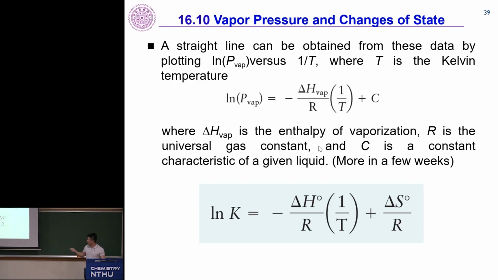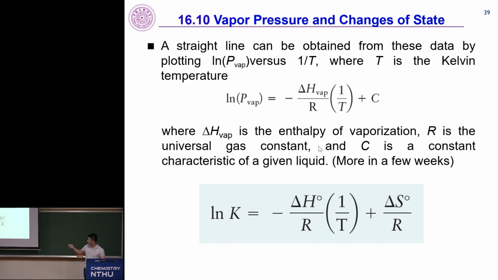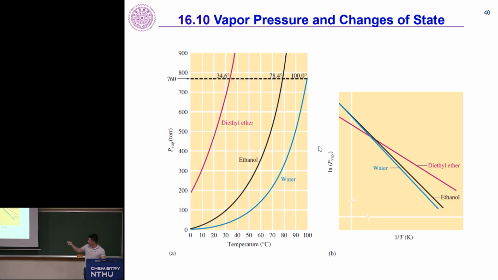That means from this equation, a few things you need to know. That is, for these three lines, how do we determine the heat of vaporization? Heat of vaporization is the slope, right? It's proportional to the slope, but it's negative, remember. That means the lines will be inversely proportional.